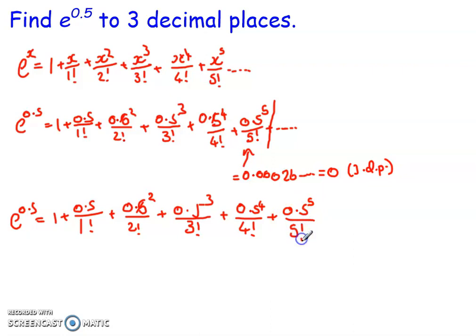So if we calculate all of that together and then round it to 3 decimal places, we get the answer that we're after. If you plug all of that into a calculator, we get the answer of 1.649 to 3 decimal places.